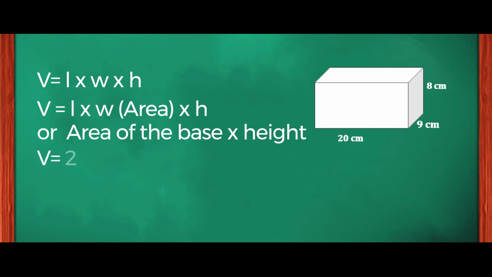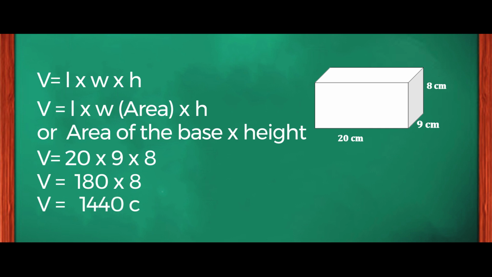The prism has 20 centimeter as length, 9 centimeter as width. So the area of the base is 20 times 9, that is 180, and the height is 8 centimeter. So the volume of the prism is 180, that is area of the base, times 8, that is height. The volume is 1440 centimeter cube.